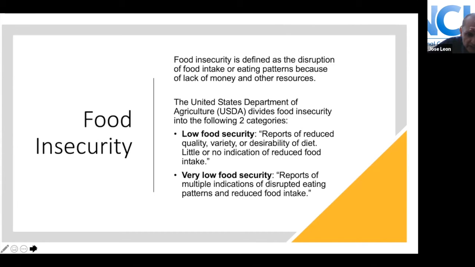Now, USDA has two other categories. One is low food security, where the patient reports reduced quality, variety, or desirability of diet, but there is little or no indication of reduced food intake. Whereas very low food security is reports of multiple indications of disrupted eating patterns and reduced food intake. Next slide.